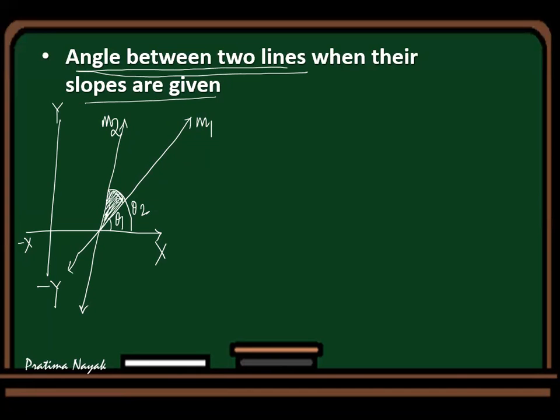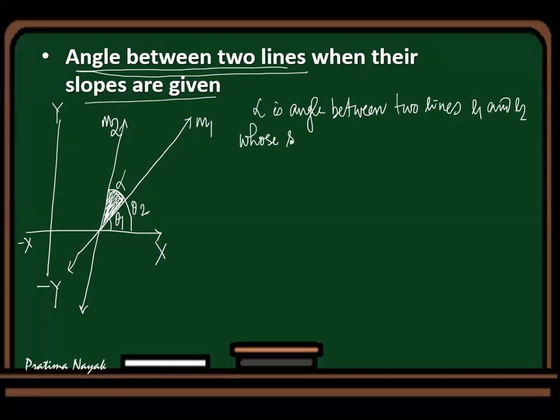Let this be represented as alpha. So alpha is the angle between two lines L1 and L2 whose slopes are m1 and m2.